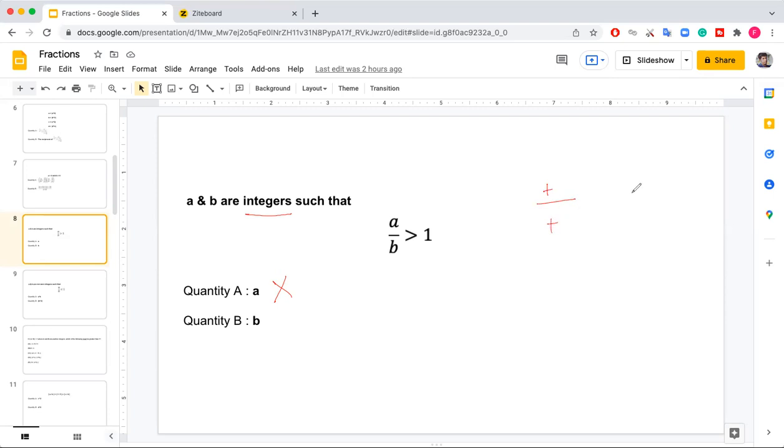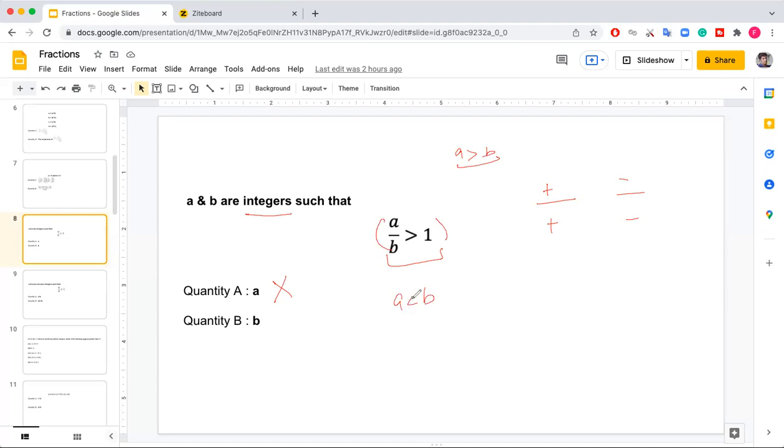We could have both positive, we could have both negative. In that case, we have a positive fraction, so the result is greater than 1. This means in the first scenario, A is greater than B when both are positive. But when B is negative, if you multiply with B, the sign will change.